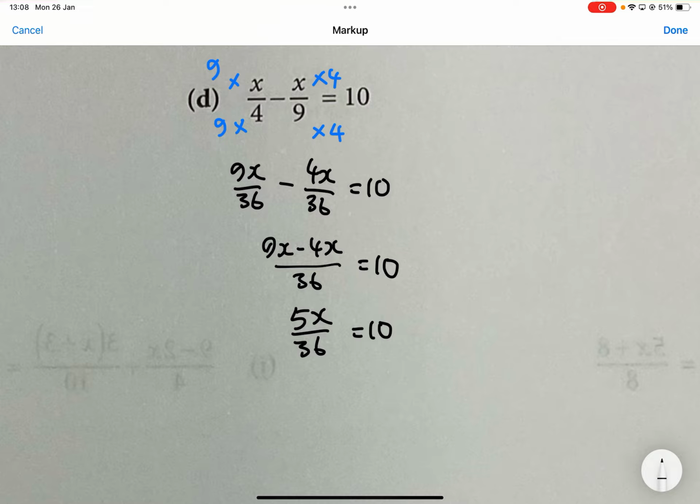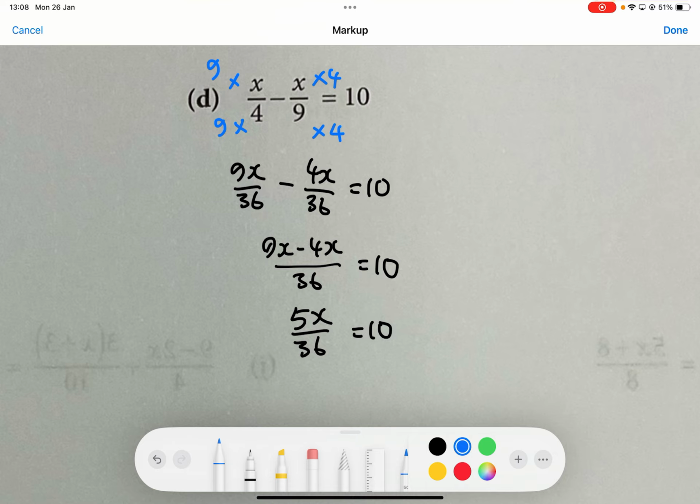Then next step, I don't want 5x over 36, I want 1x.